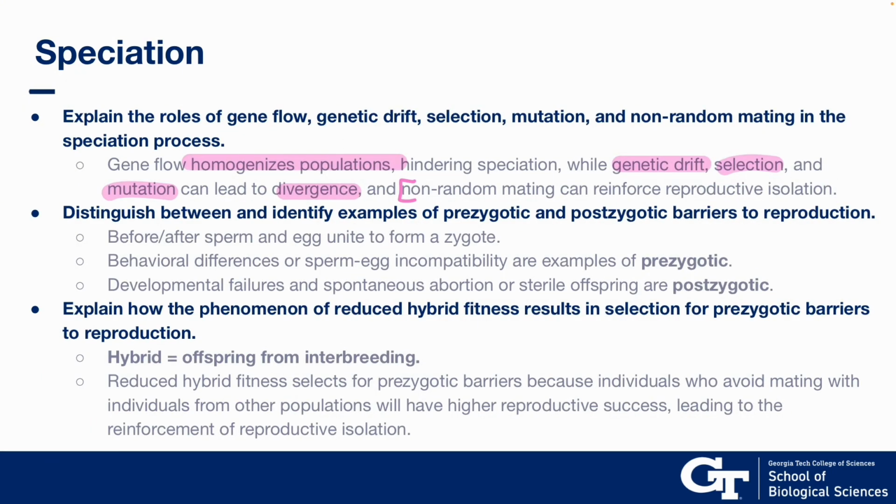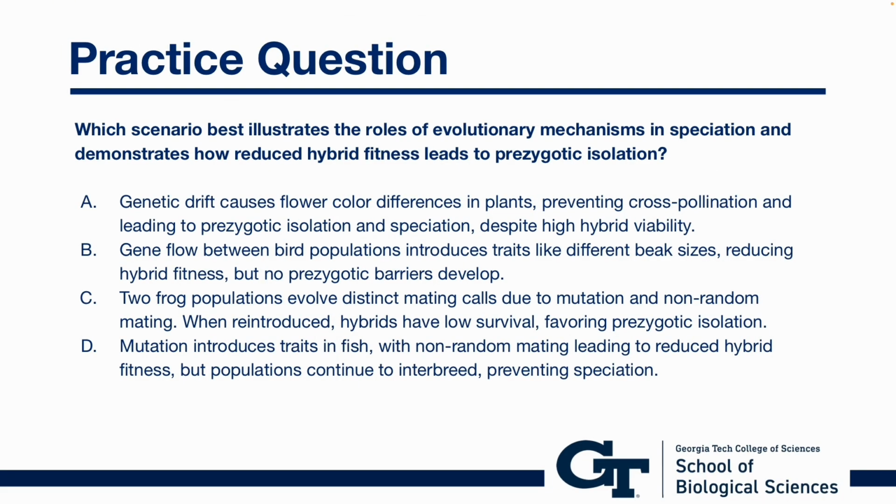However, if we go ahead and we don't grow, or we're spontaneously aborted, so we can't grow as a hybrid, that's going to be a postzygotic isolation mechanism. And then again, a hybrid is caused by interbreeding of these two species. And then what happens is that hybrids are going to be less fit, right? Inviable or infertile, and that causes a fitness disadvantage. So we do not want to make hybrids, and that causes reproductive isolation.